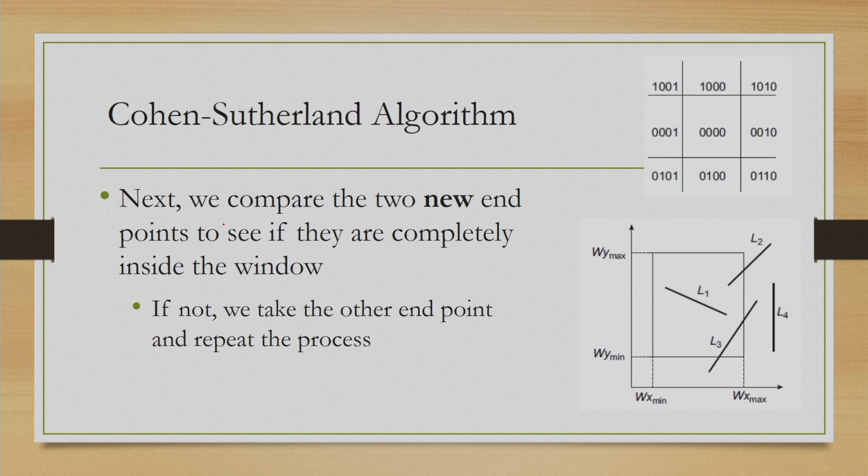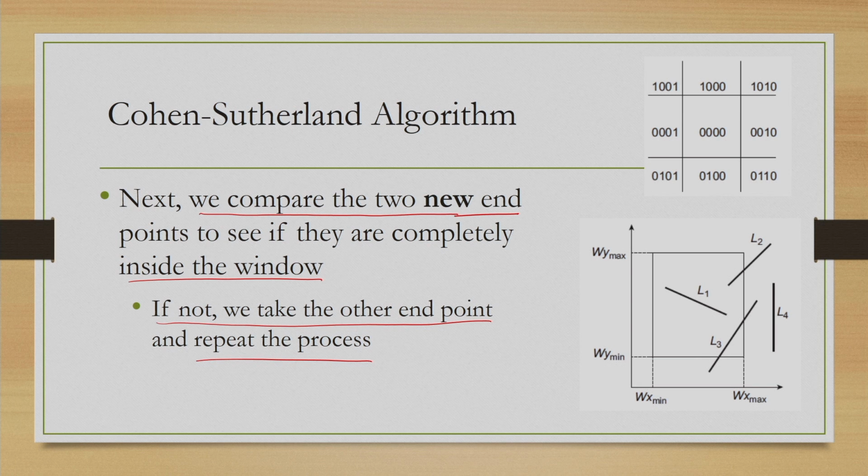Now, we have a new region code, that is, the intersection point and the other endpoint with respect to a particular boundary. So, we compare the two new endpoints to see if they are completely inside the window. If they are, then of course we keep that. If not, then we take the other endpoint and repeat the process.